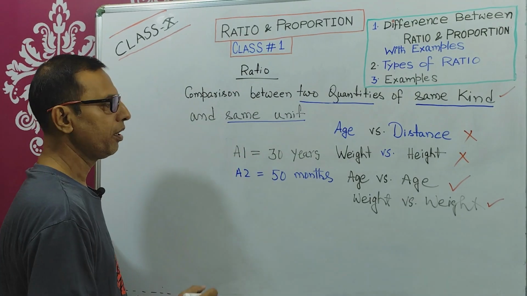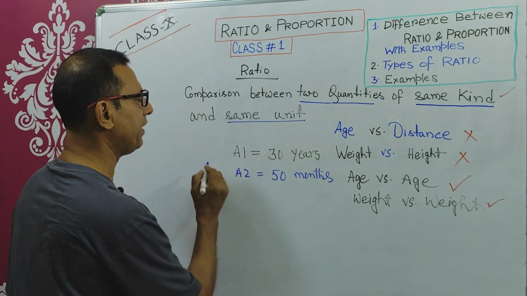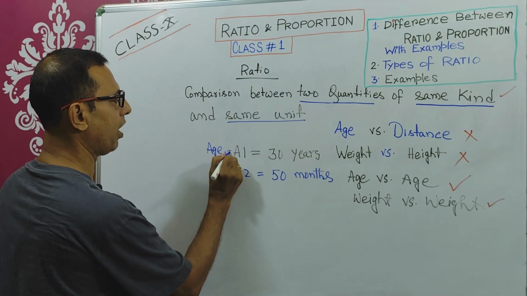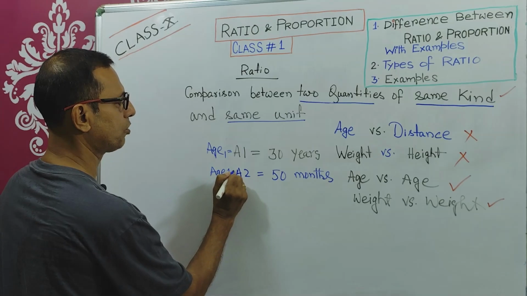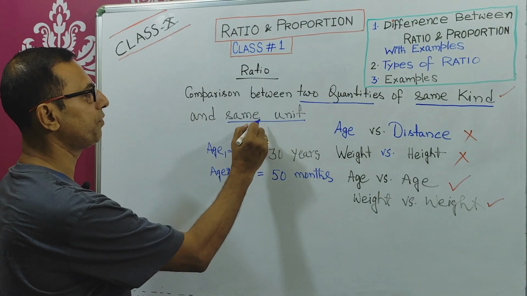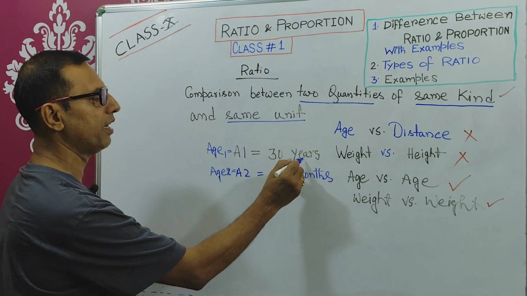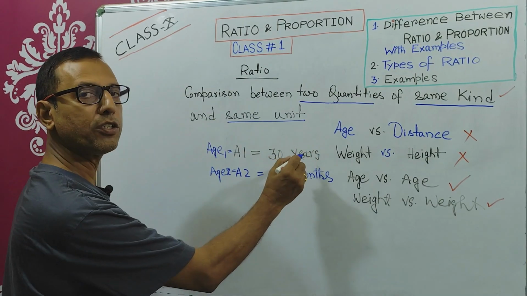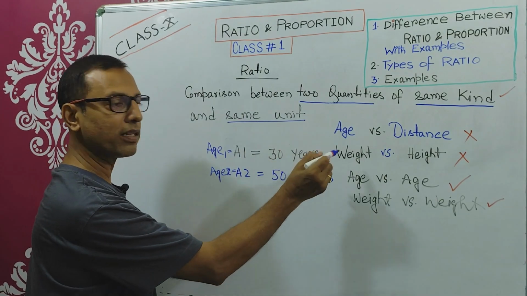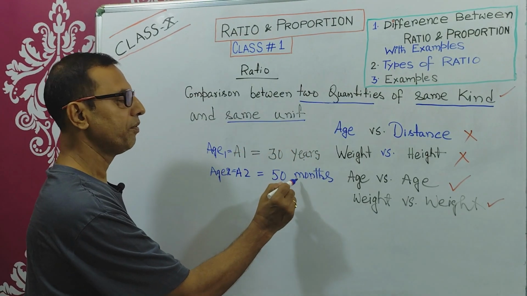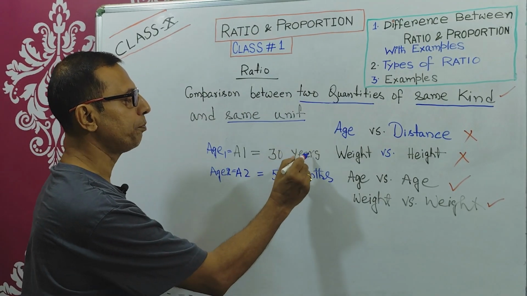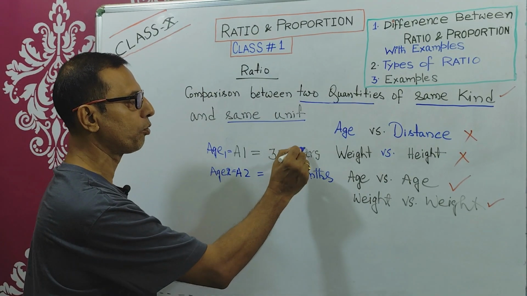You cannot, because both of these are age, but the unit is different. One is years, one is months. So either you need to convert A1 from years to months, or you need to convert 50 months, A2, to years. Both should be years or both should be months.